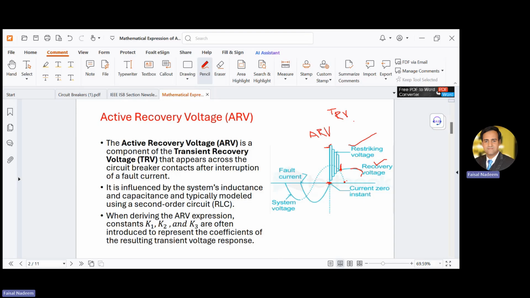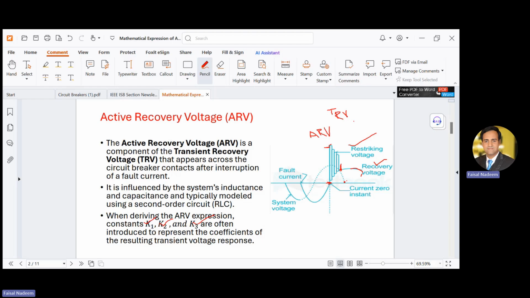This active recovery voltage, as discussed in the previous lectures, is influenced by the system's inductance and capacitance, which are the storing elements, and is typically modeled using a second order circuit or RLC. When deriving the active recovery expression, constants such as K1, K2, and K3 are often introduced.